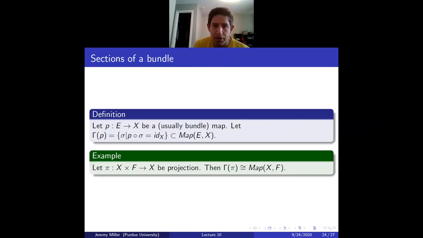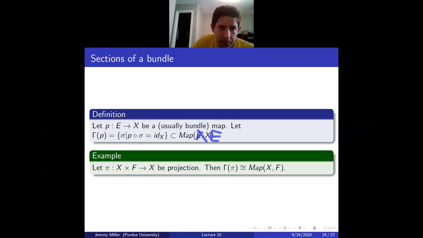I'm usually going to think of it as a bundle, or maybe a fibration, probably always a bundle. Then the space of sections is the set of maps from X into E.